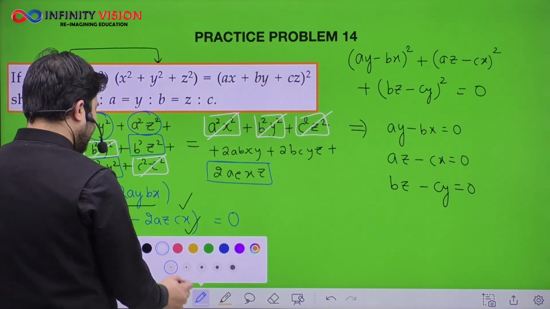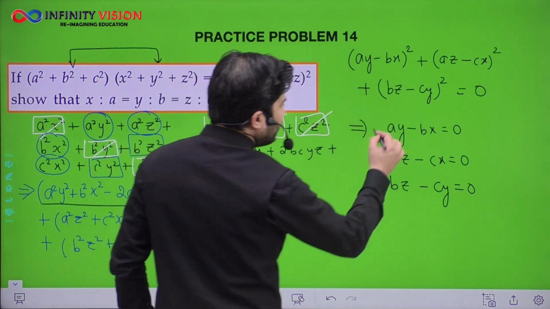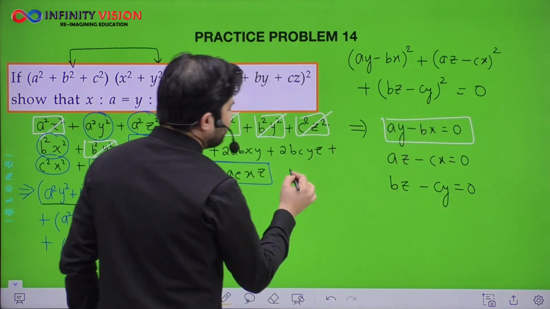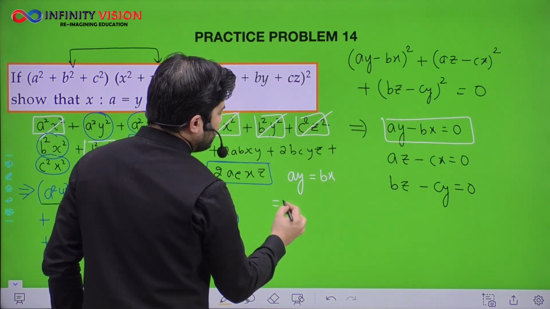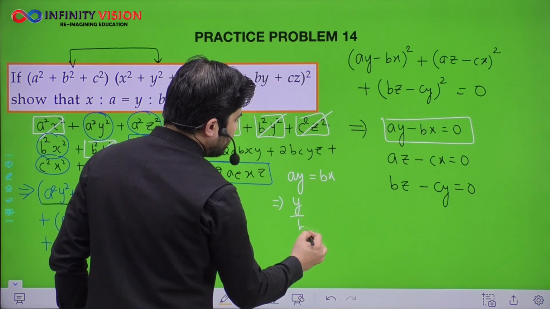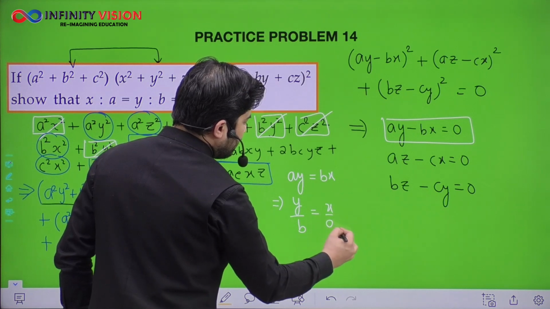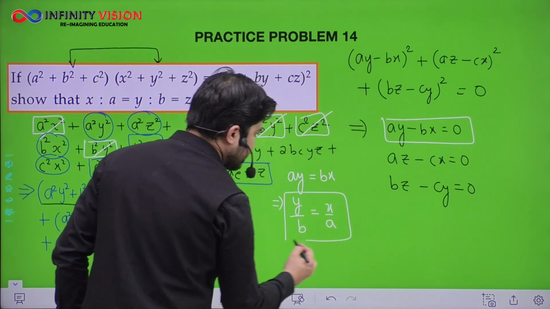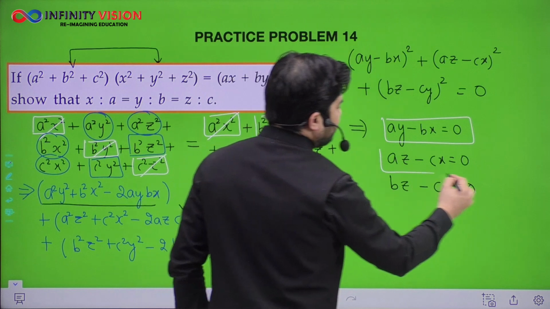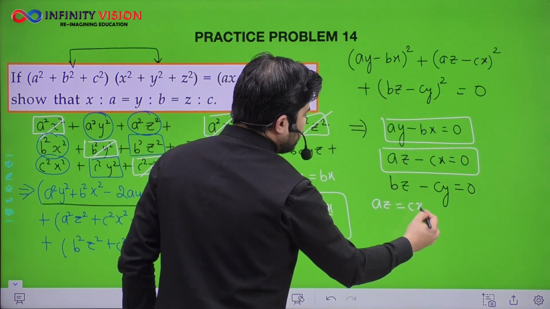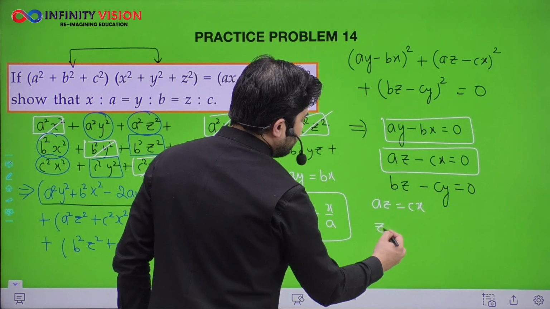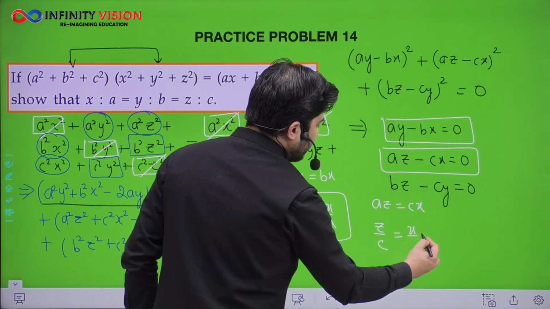Now if I pick this first equation, I can simply write that ay is equal to bx, which means I can write y by b is equal to x by a. This is my first inference. And if I look here, I can write az is equal to cx, which means z by c is equal to x by a.